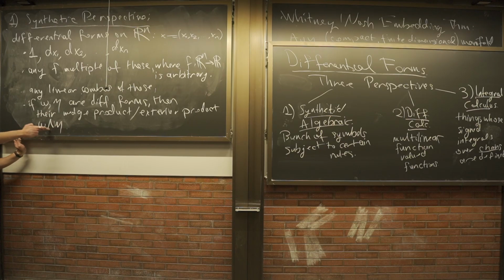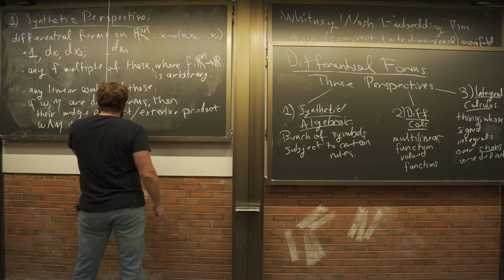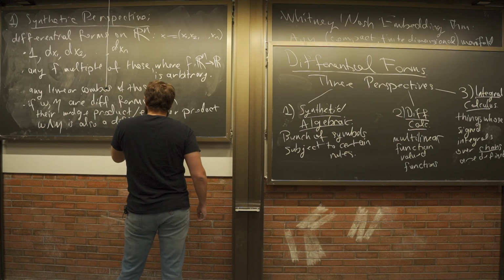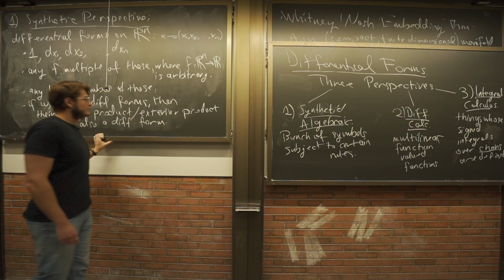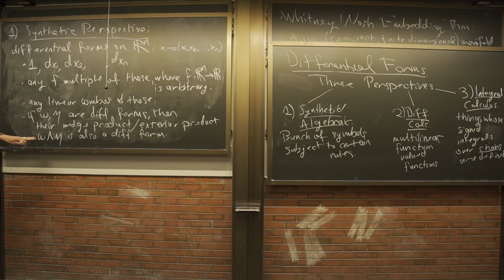You say omega wedge eta. Okay? This is also a differential form. We're not done. I didn't tell you how to do this yet. We'll get there.